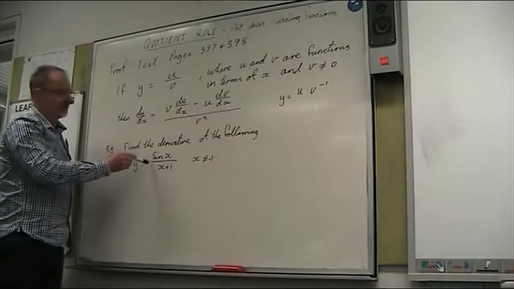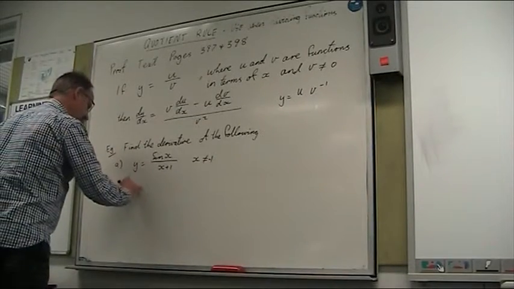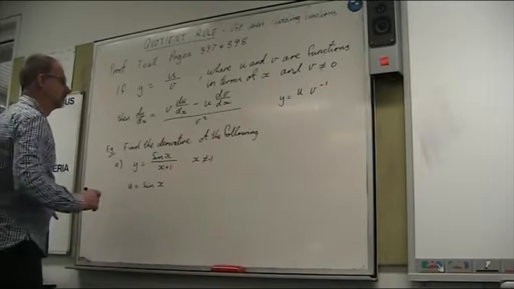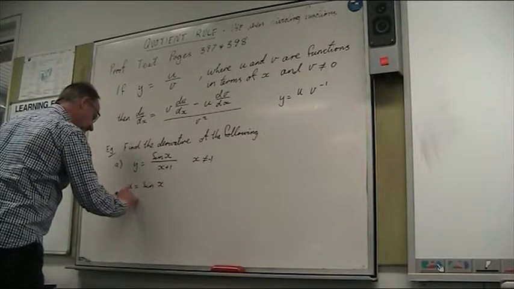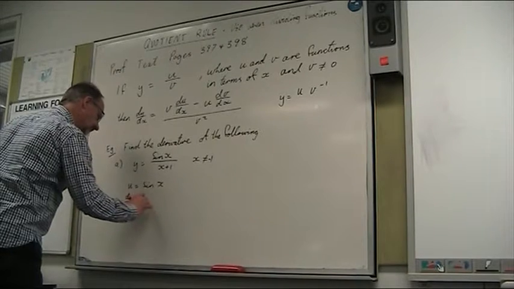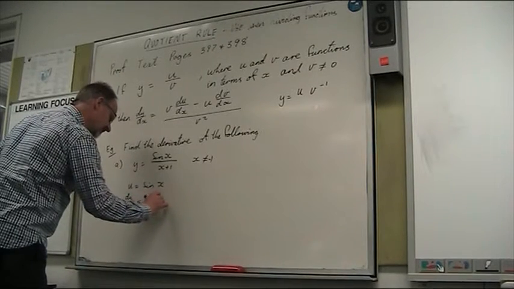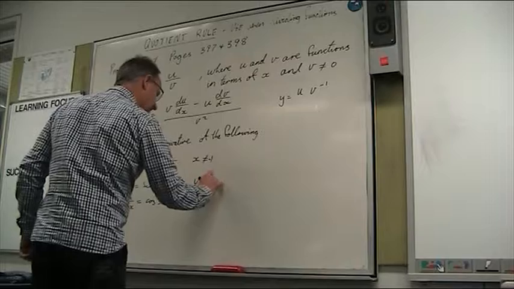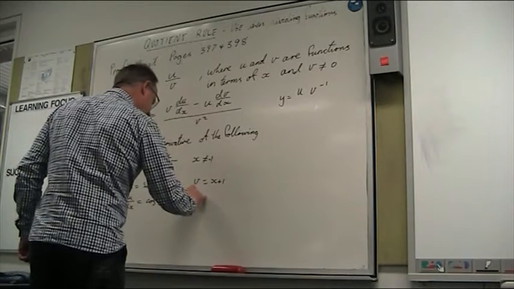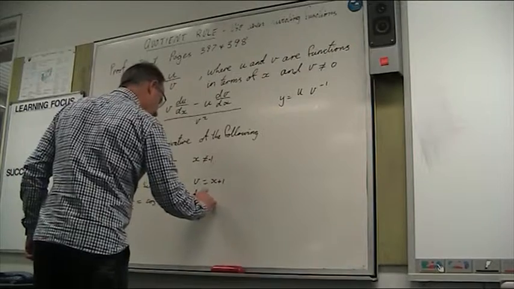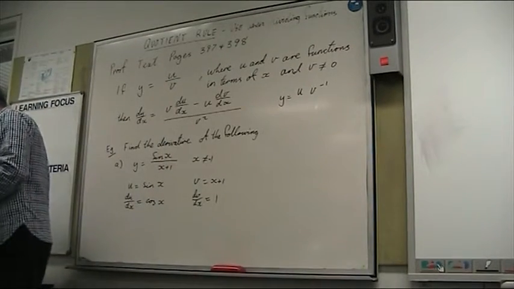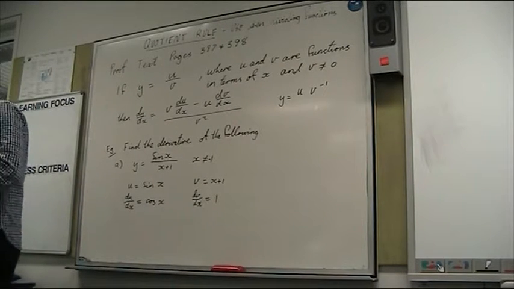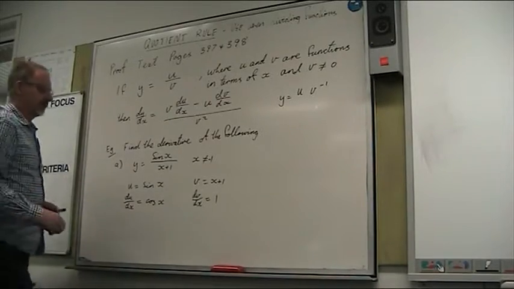So u is the one on top, v is the one on bottom. And when we differentiate u, we get cos x, and v is x plus 1, and when we differentiate that, we get 1.